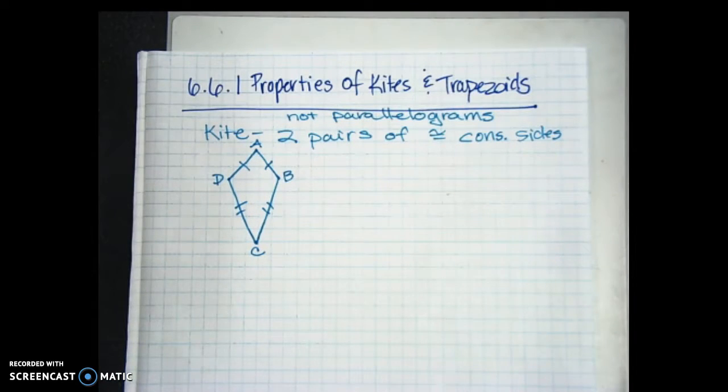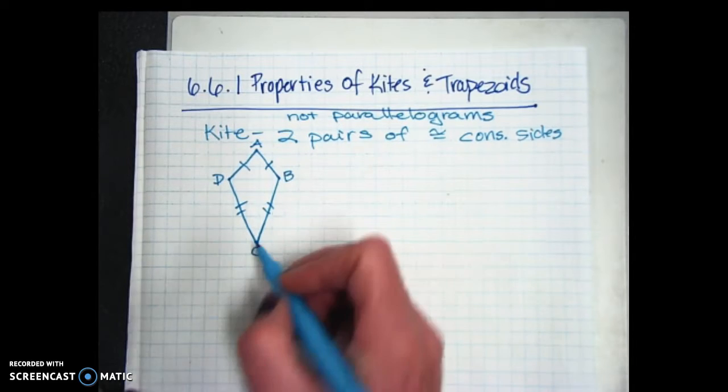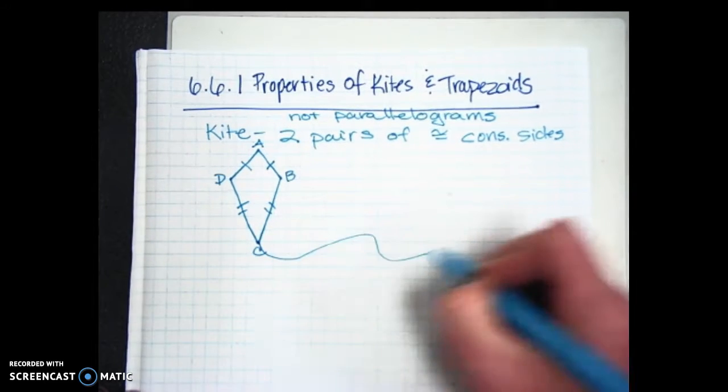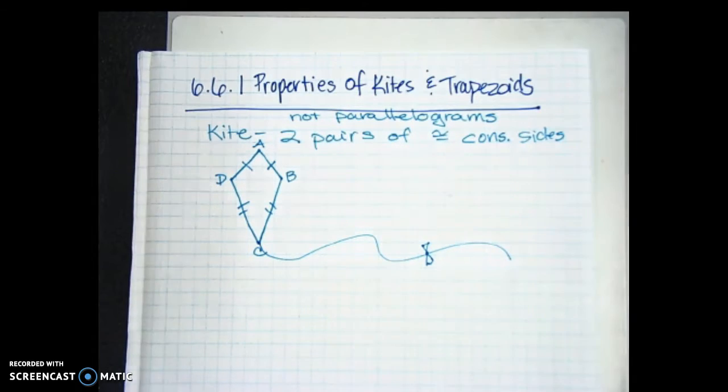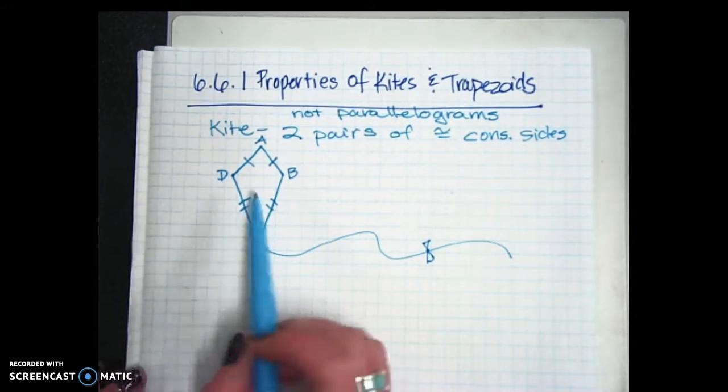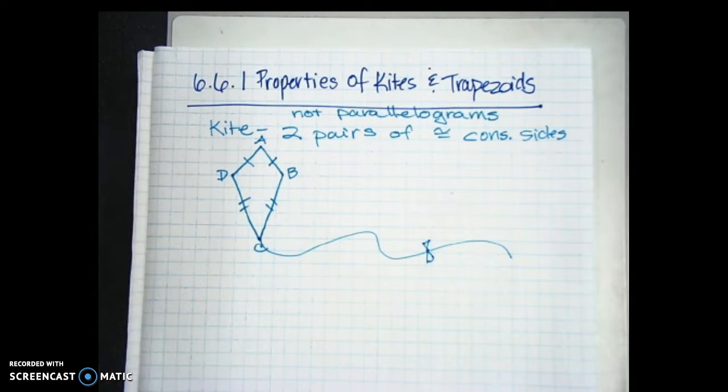A kite, probably when you were little, you went to the beach with your parents and you flew something that had a little string on the end, a couple little bows. Got some nice wind, you flew your kite. It was kind of plastic on one side, so how did it keep its shape?